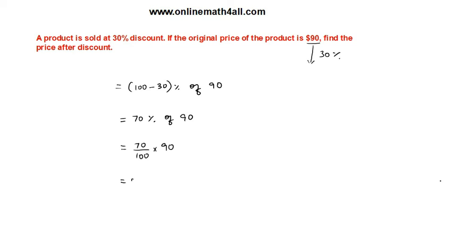So 70 divided by 100 is 0.7 times 90, which is equal to 63. So if the price of the product is $90 and it is sold at 30% discount, the price after discount is $63.